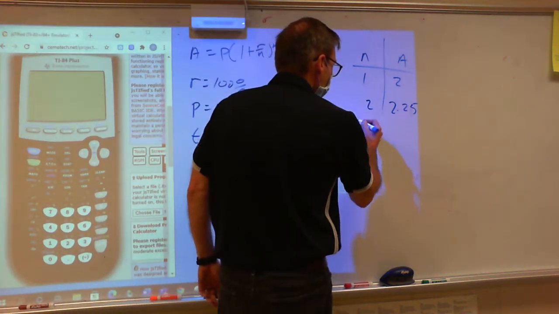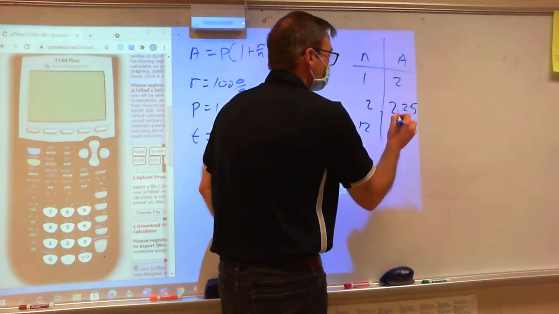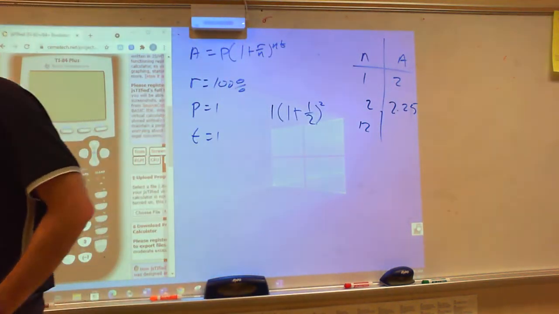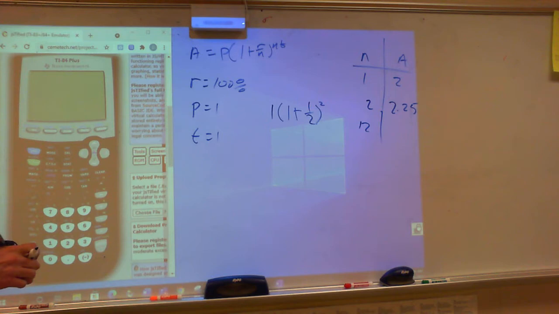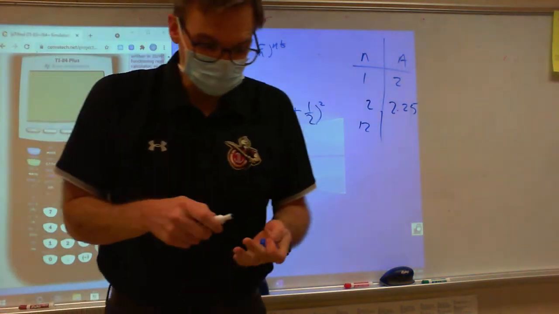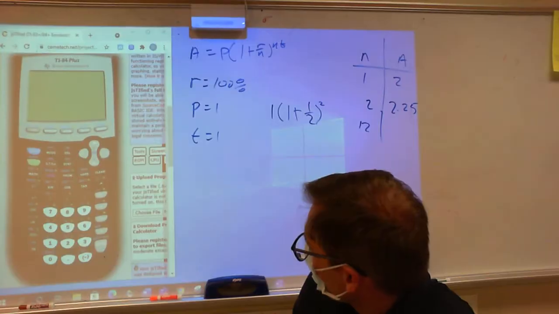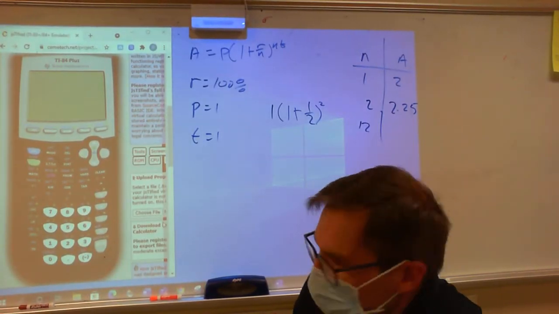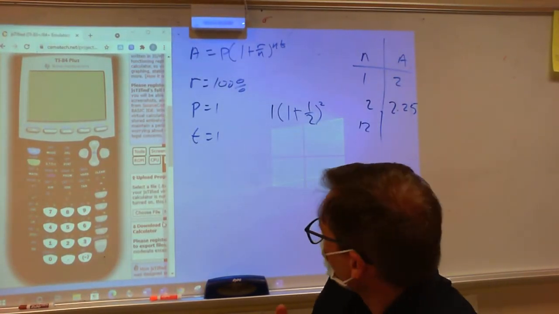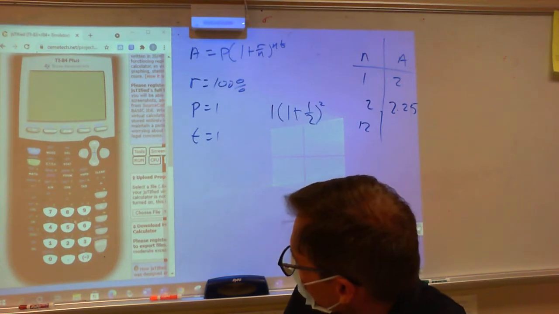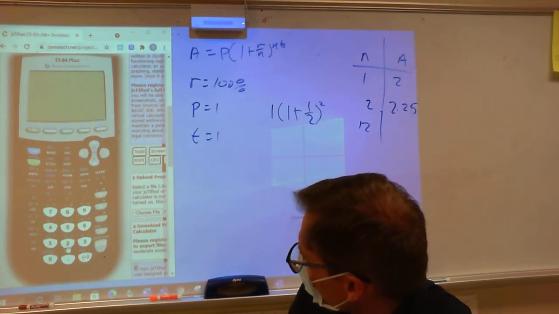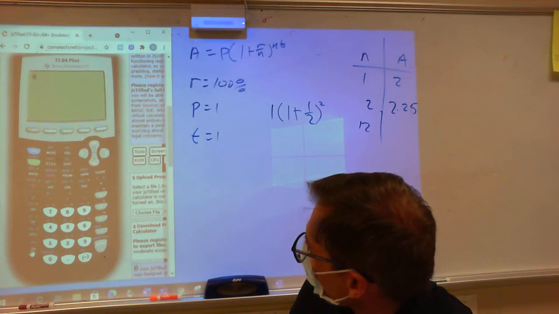Well, what if we compound monthly? What if we compound 12 times? What do we get? Here, I'll type it in. Something's wrong. It's supposed to be kind of close to the $2 mark, right?